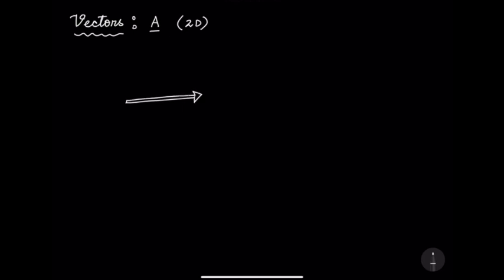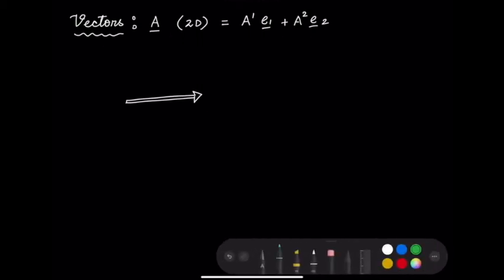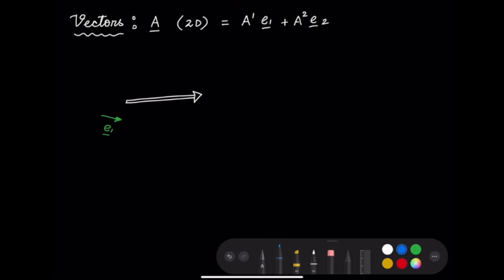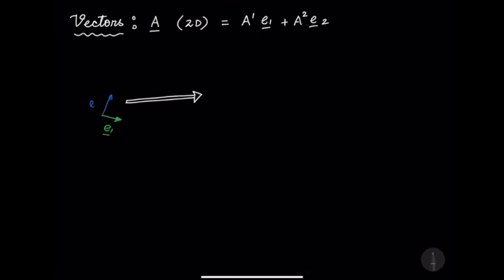It's a directed line segment, so it looks like this. I can write it in terms of its components: A1 times the basis vector E1, plus A2 times the basis vector E2. One basis vector is this way, this is E1, and the other is this way, this is E2.